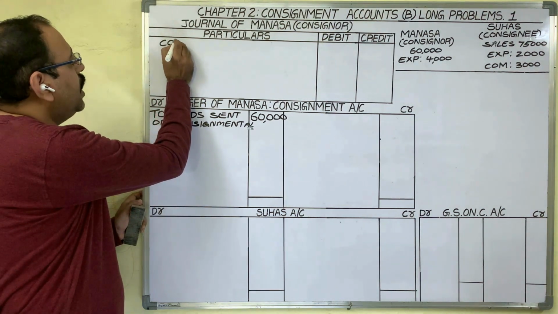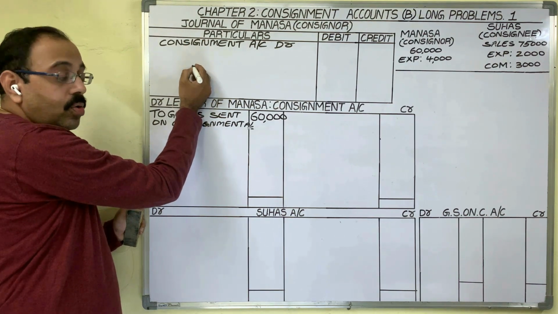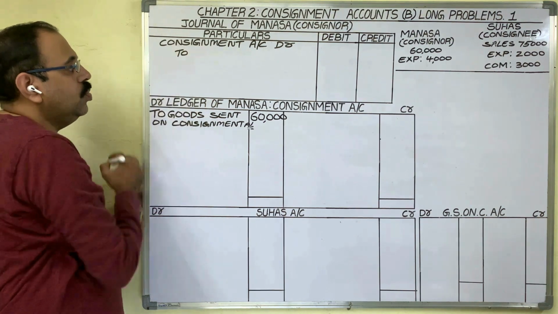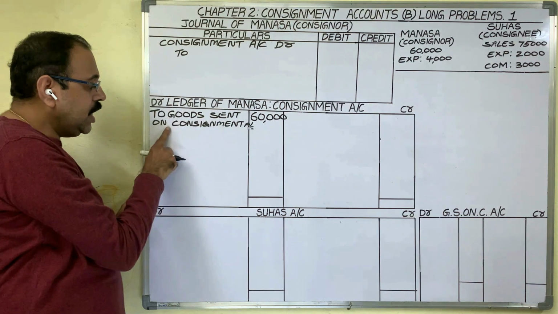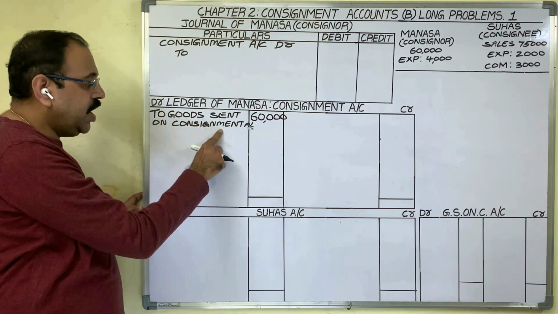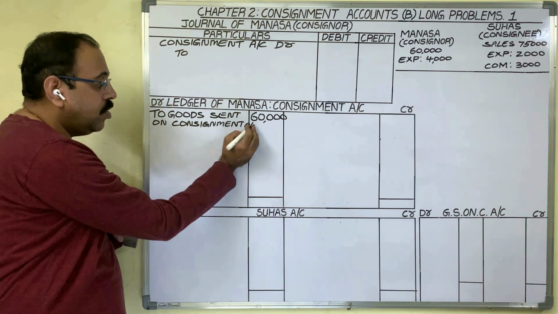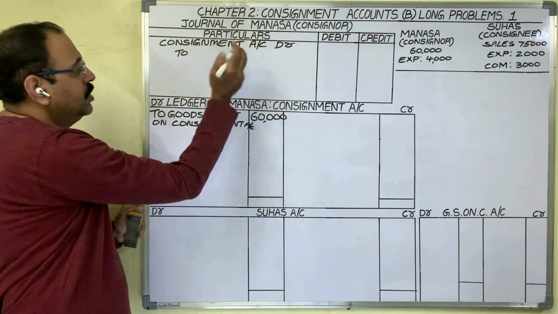Consignment account debit, then 'To' you have to write in next line now. How? Leave at least 2 letters, write down 'To'. What to write? See, in particulars column, we open one account with goods sent on consignment account word now. So write down this account name here.